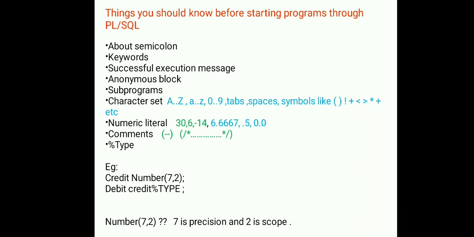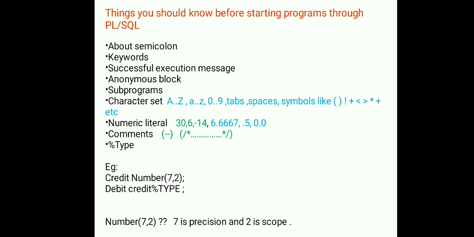Then is character set. I have already mentioned what can be under character set. Then numeric literals: whatever is in green, that is 36 and -14, are examples of integers, and wherever you can find decimal points are examples of reals. Then comments.